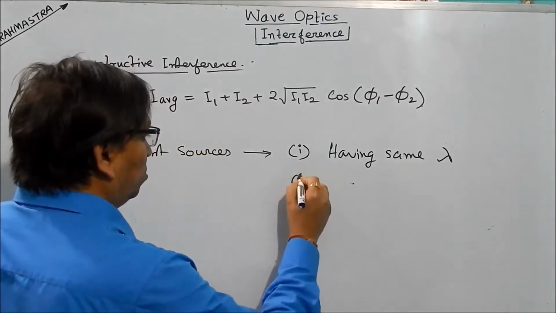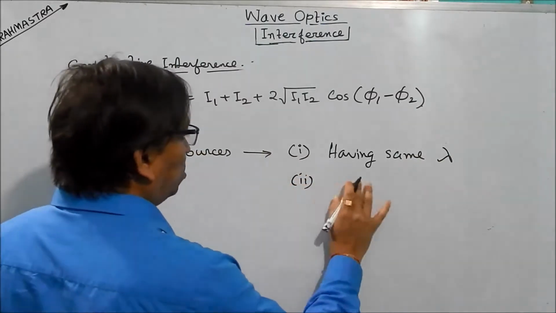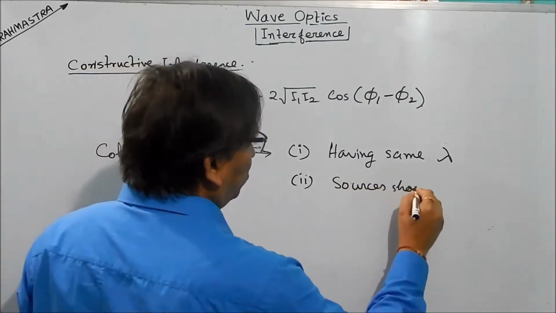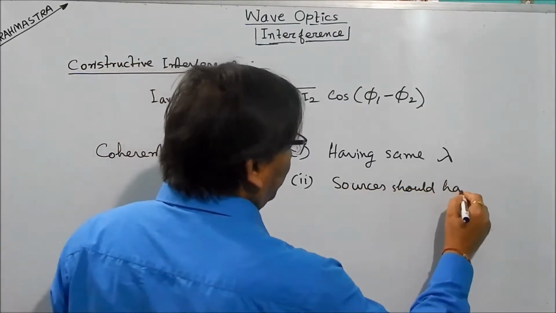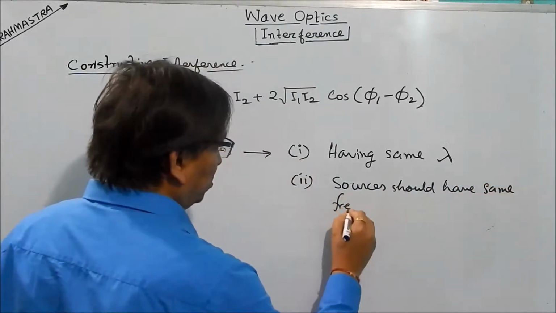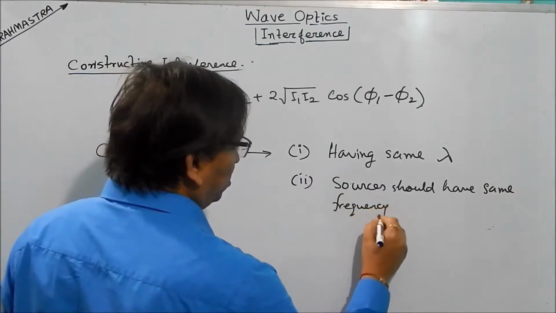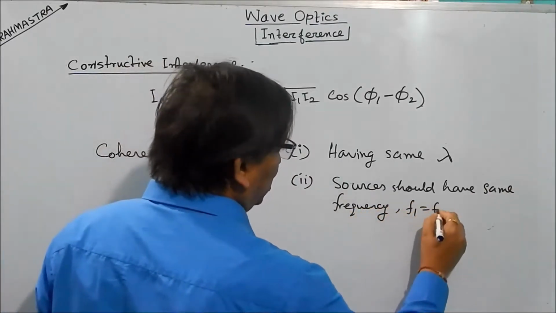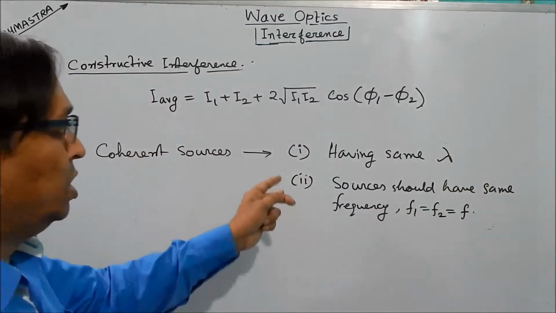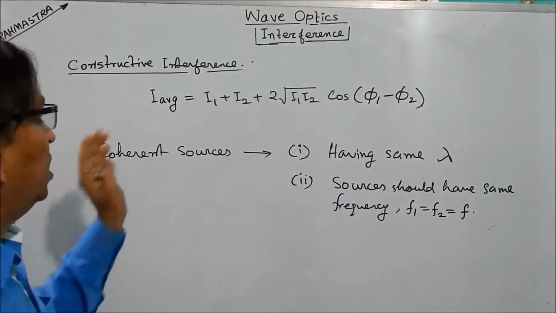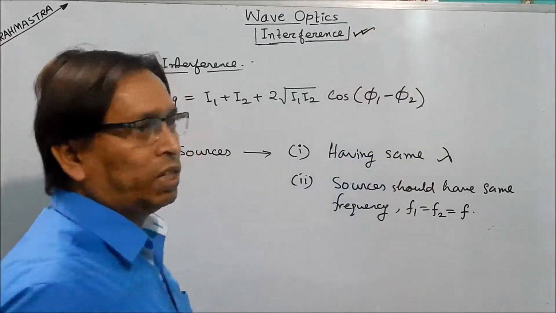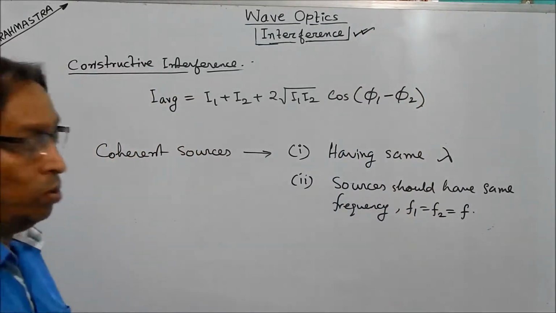And number two, both the sources should have same frequency. That means F1 is equal to F2 is equal to F. So both the sources should have same frequency and same wavelength. Then only the interference, this term interference, is applicable only for coherent sources.